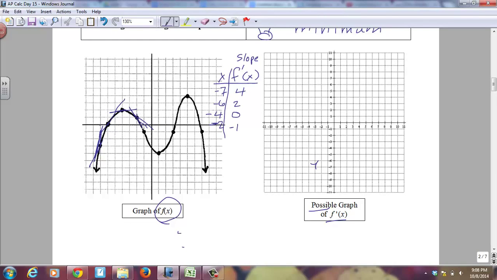This one looks to be about negative 2. Here again we have a flat spot there at 1. So our slope is 0. And then right here, the slope of the tangent line was about 3, oh no, that's positive. Positive 3.